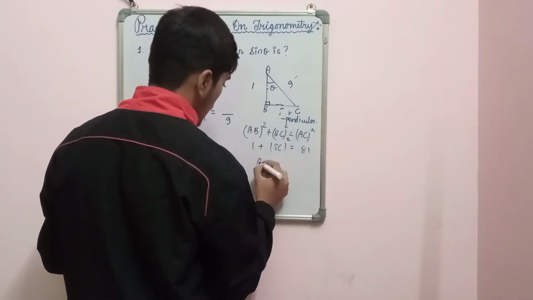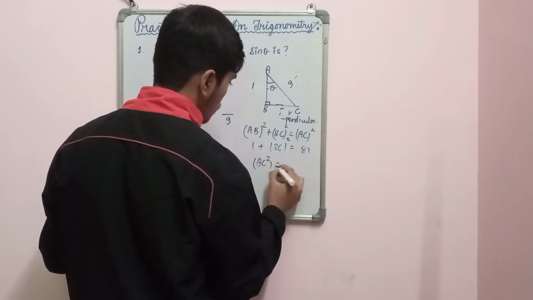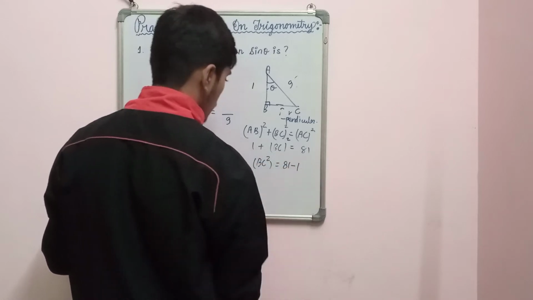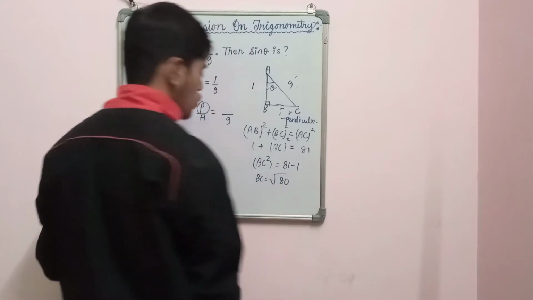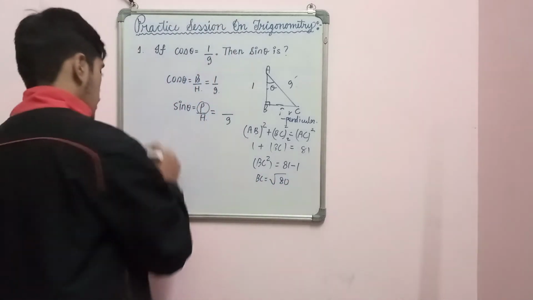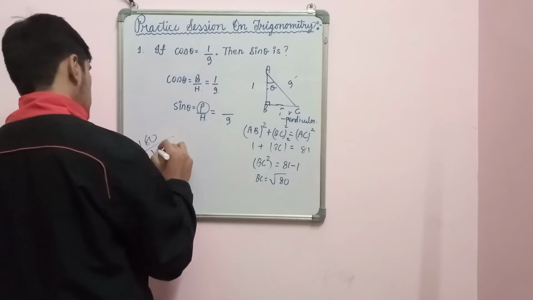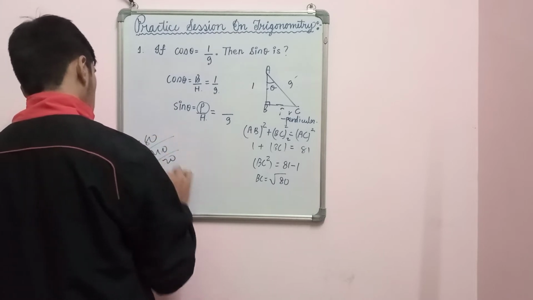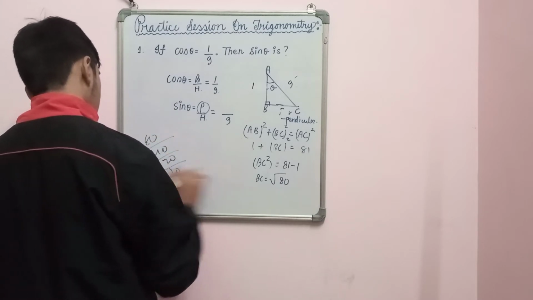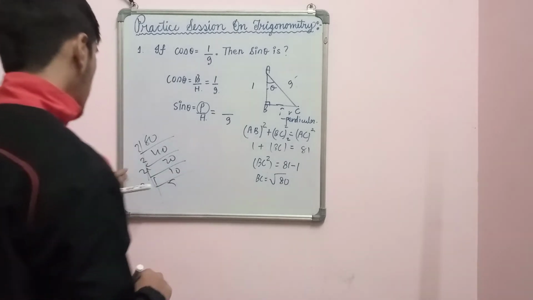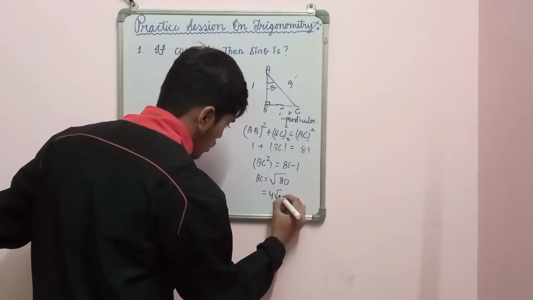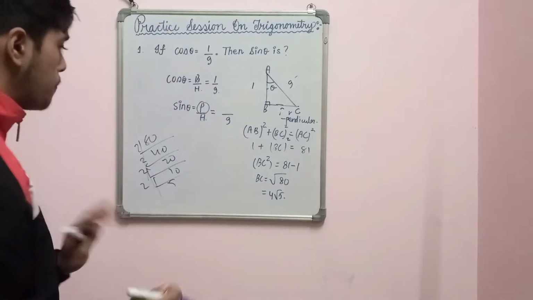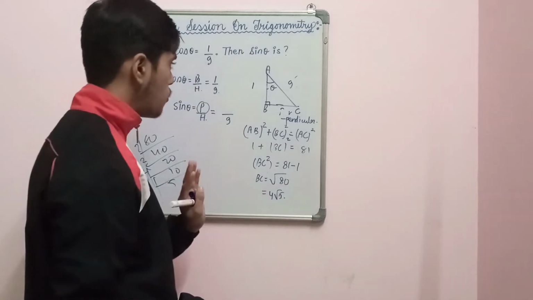So BC square is equal to 81 minus 1, which means BC is equal to root under 80. Let us check. It is coming out to be 4 root 5. So we have got BC is 4 root 5.